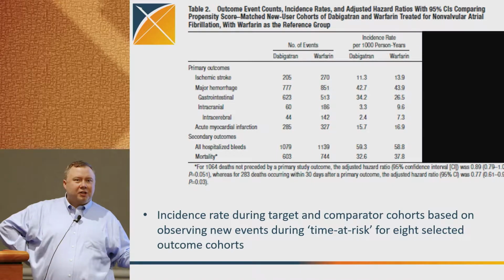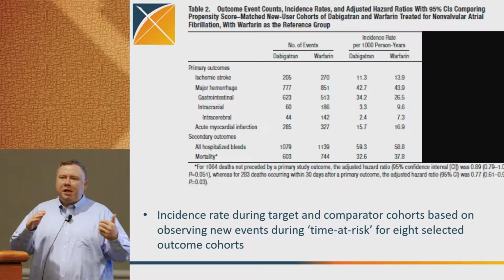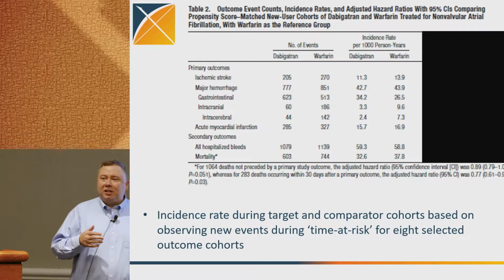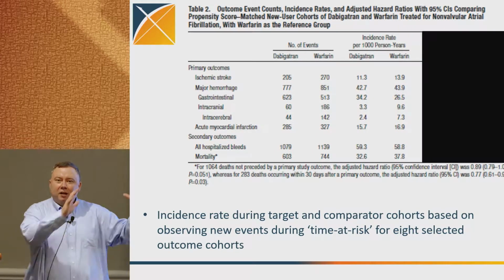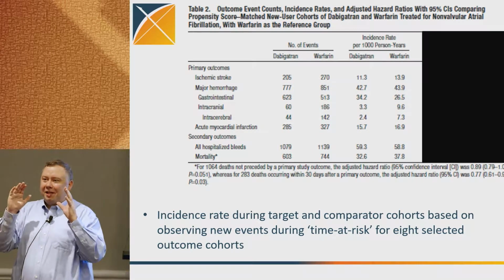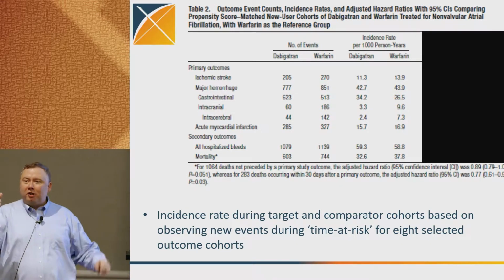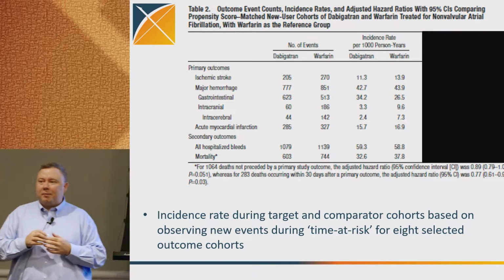Which raises the question, how do we define ischemic stroke? And how do we not just identify the people who have ischemic stroke, but identify when did the ischemic stroke actually take place? Because somehow I need to be able to intersect the people who initiated dabigatran with the people who've had an ischemic stroke and find out that the ischemic stroke occurred during some time at risk relative to when I was exposed to dabigatran.